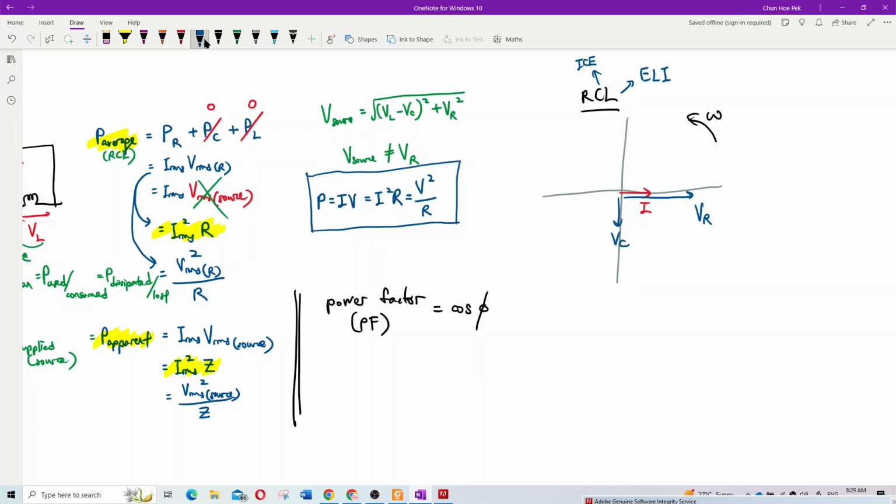Where is VL? VL is at the top, because for the inductor, the voltage is the boss, voltage leading current. For the capacitor, the current leads the voltage. Can you see that?